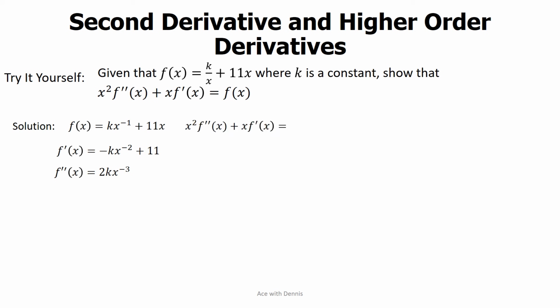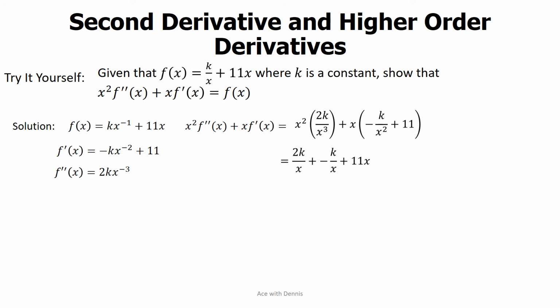Then we start from the left hand side of the equation, x squared f double prime x plus x f prime x. We substitute the f double prime x and f prime x. It becomes x squared times (2k over x cubed) plus x times (negative k over x squared plus 11).